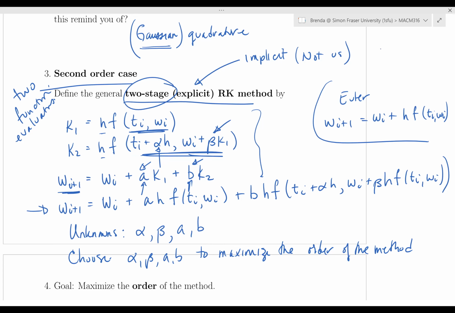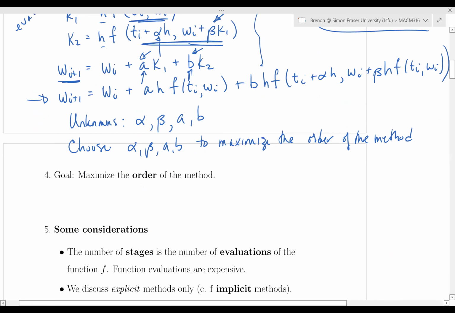Questions about this step that we made coming from the basic Euler method? Okay. So our goal is to maximize the order of the method.